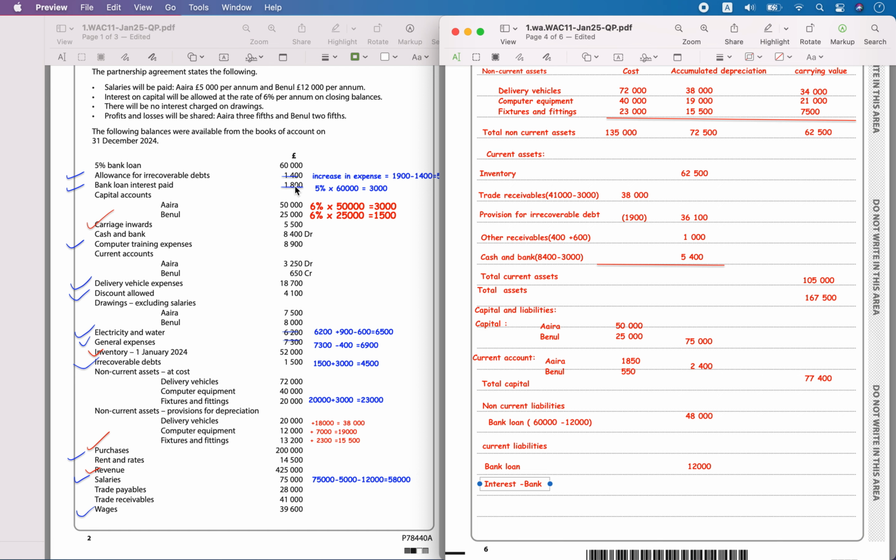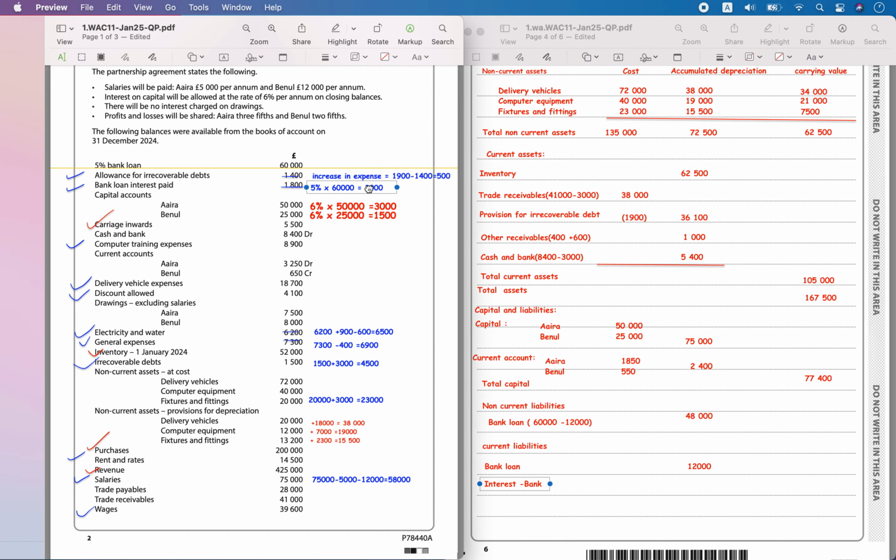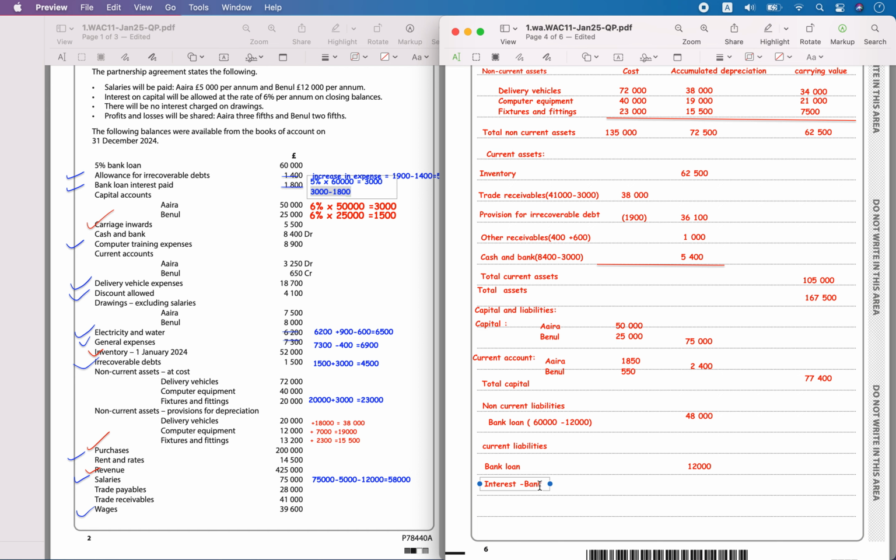They had paid only 1800. They were supposed to pay 3000 per annum, so the difference is owed. So 3000 minus 1800 is 1200.